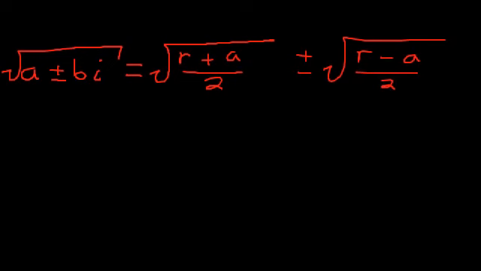Okay? If we have a minus sign here, that's when you'd have a minus sign here. You have a plus sign there, you're going to use the plus sign. So that's why it's plus or minus.